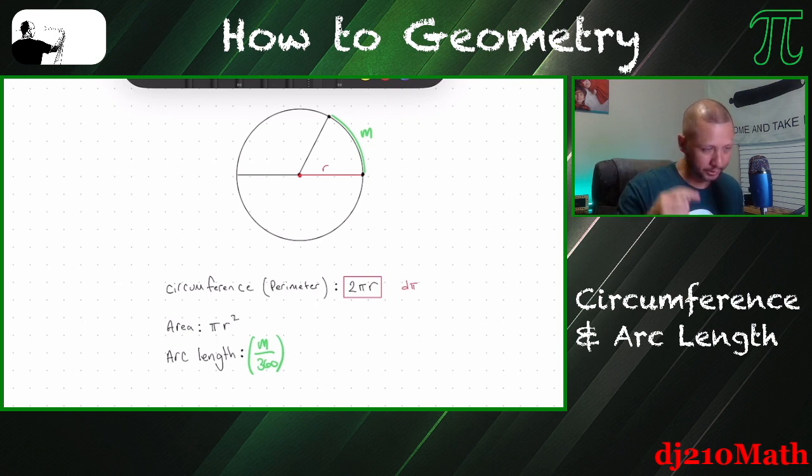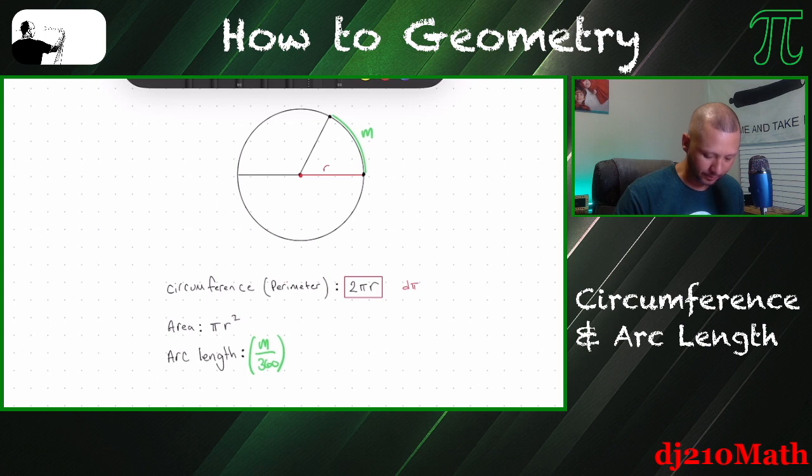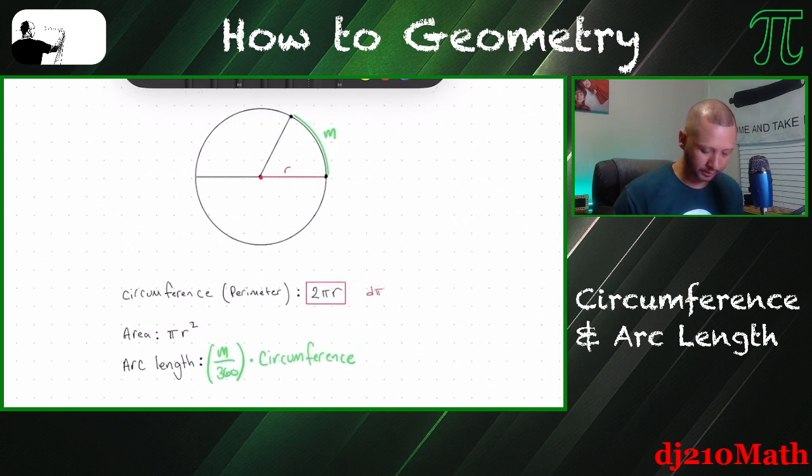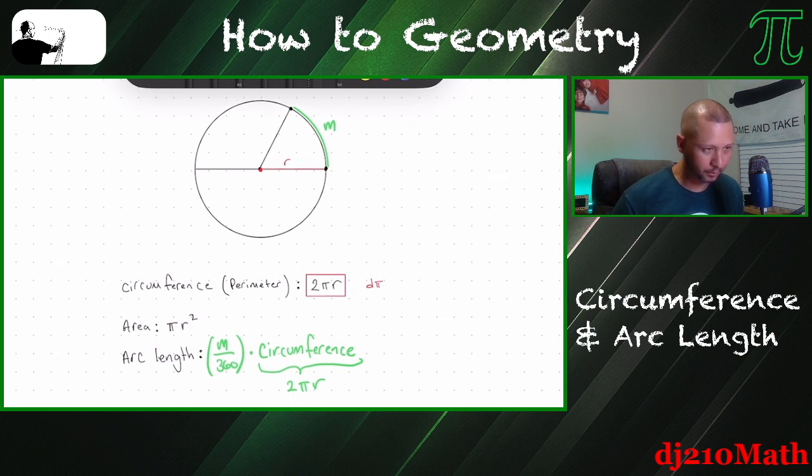Whatever that measure is, you divide that by 360, and then you multiply it by the circumference, which is basically C, or in this case, 2 pi r. So arc length is going to be the measurement of the arc divided by 360 times 2 pi r, whatever the circumference is. This is ultimately what it comes down to. So let's see a couple of examples.